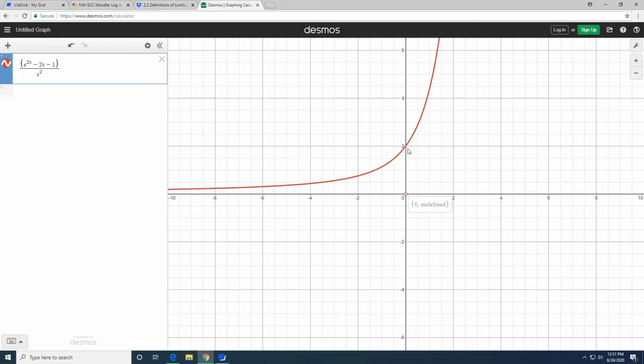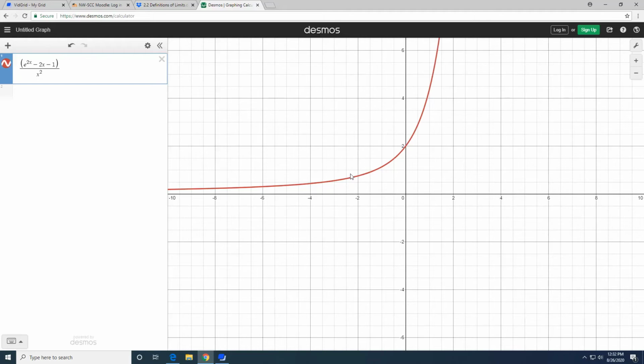It is undefined because 0 makes the bottom 0. But what does it look like? Looks like the limit as x approaches 0. What is the y value as x approaches 0? 2. So it looks like from looking at the graph that as x approaches 0, the function value is 2. Okay. Any questions about that?